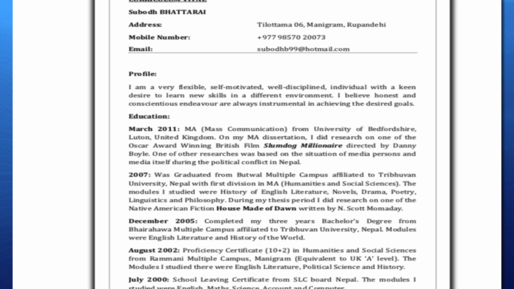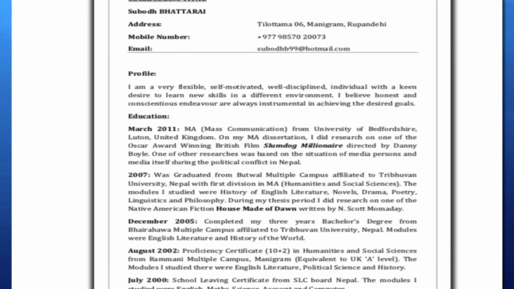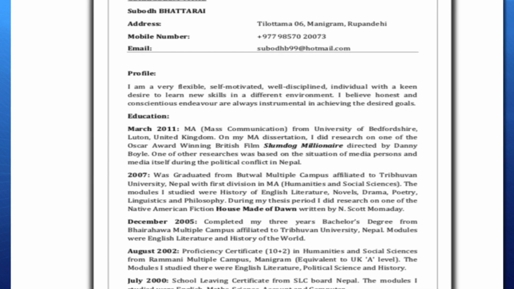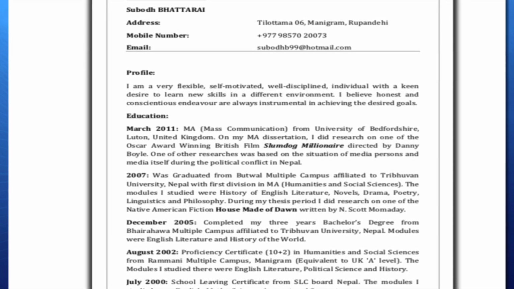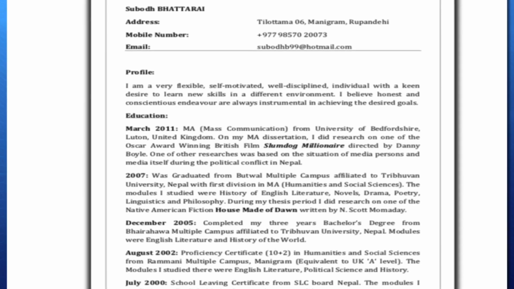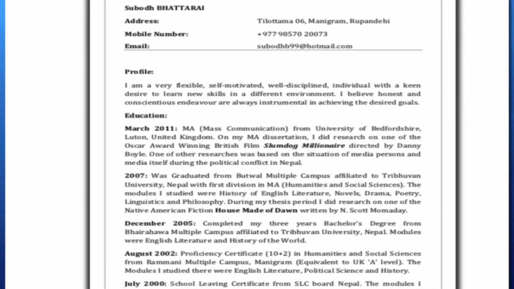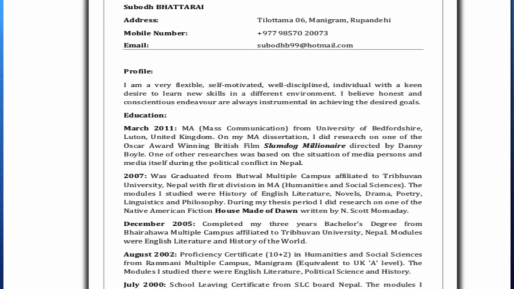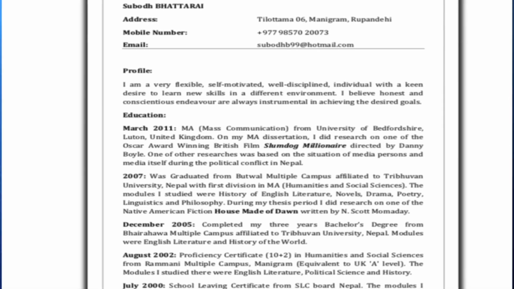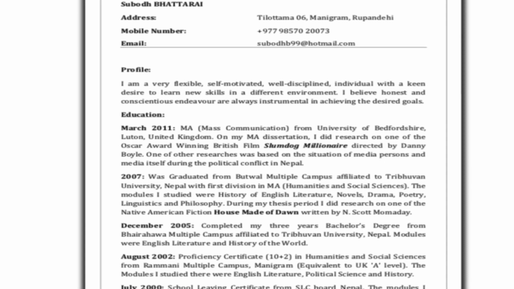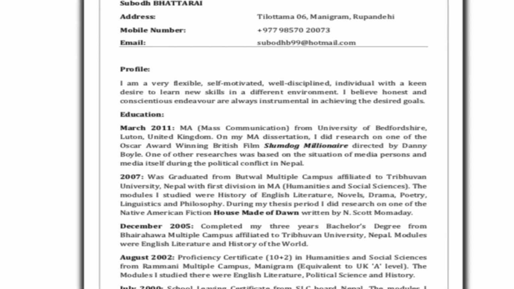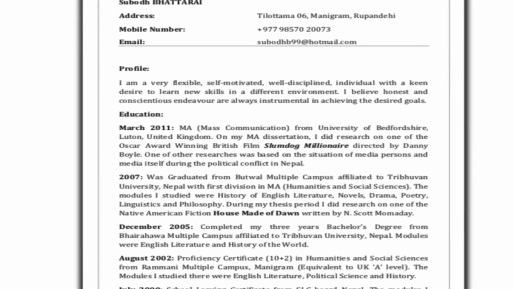After this, you have to show that your skills and experience match the skills and experience needed to do the job. You should be writing your cover letter in such a way that it always encourages the reader to read your resume. When you are finishing your cover letter, always finish with a call to action, for example, asking for an interview or a meeting. Now, let us talk about CV.